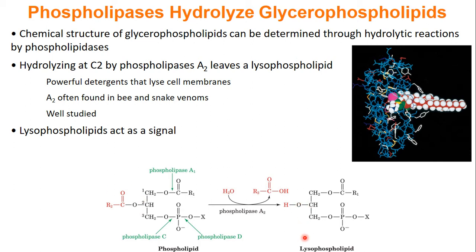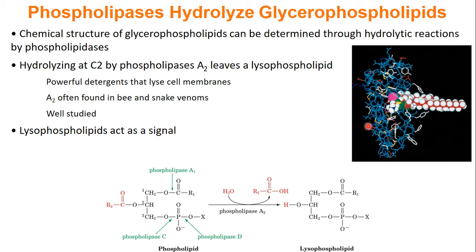What you're left with is a lysophospholipid, which is shown here. These lysophospholipids will disturb the cell membrane and eventually lyse the cell. This is what bees and snakes actually use in their venom. They have these lysophospholipids which will disrupt their prey's membranes.